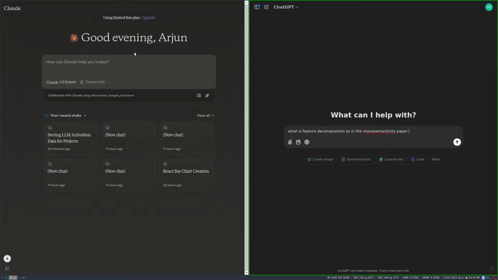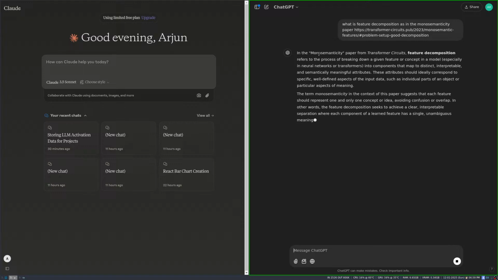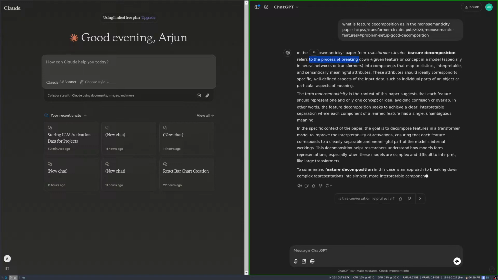Will this help? I don't know if it will. It refers to the process of breaking down a given feature or a concept of a model into components that map to distinct, interpretable, semantically meaningful attributes. Okay, I'll give an example.